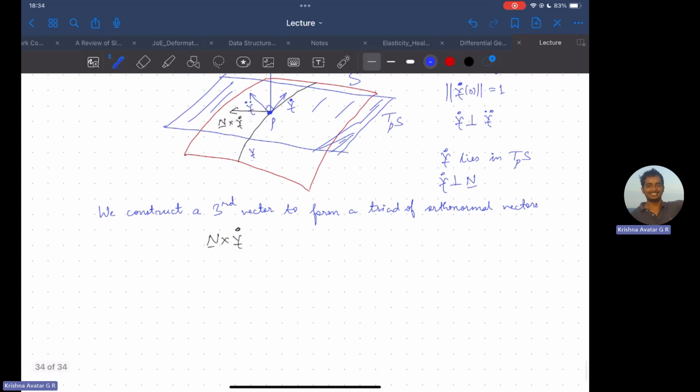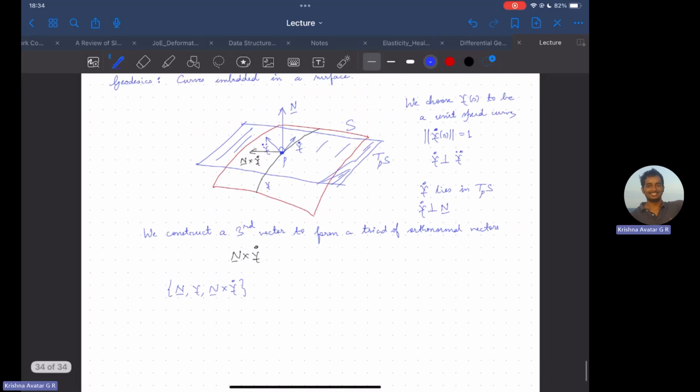Right. So which means that we have a triad: the n vector, gamma vector dot, and n cross gamma vector dot. These are the triad. Right?